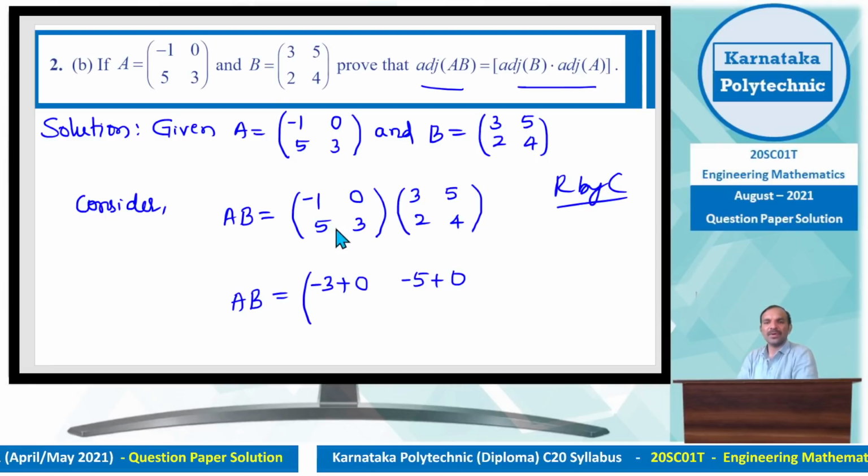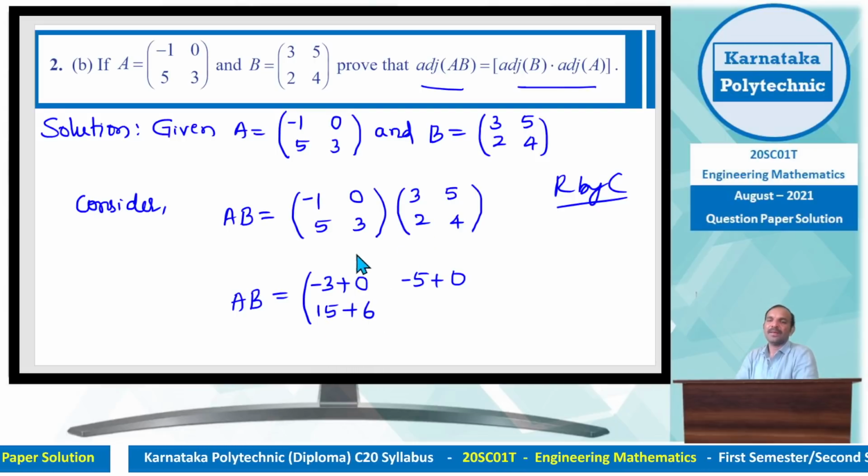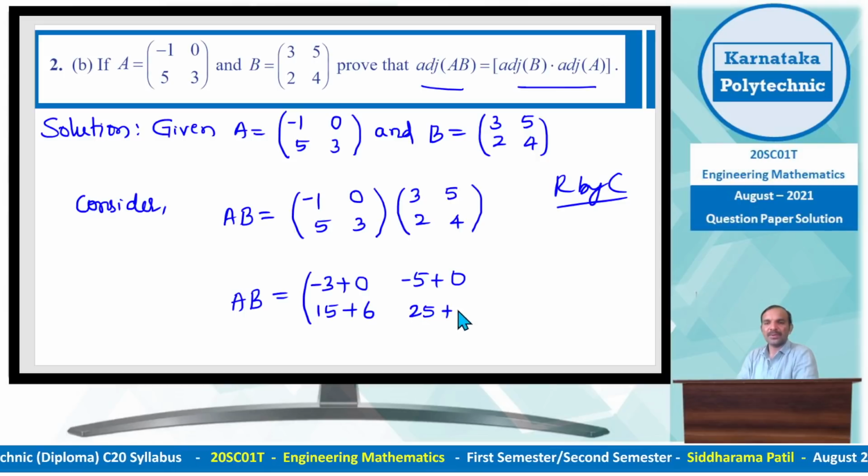Now, second row first column: 5 into 3, 15, 3 into 2, 6, 15 plus 6. Second row second column: 5 into 5, 25, 3 into 4, 12, 25 plus 12.